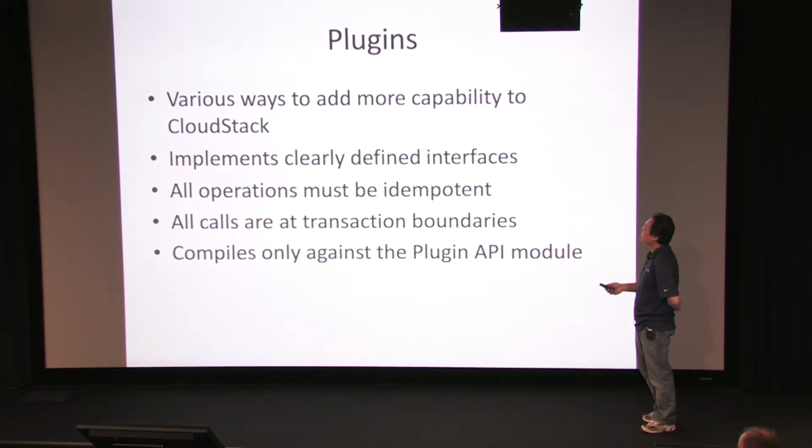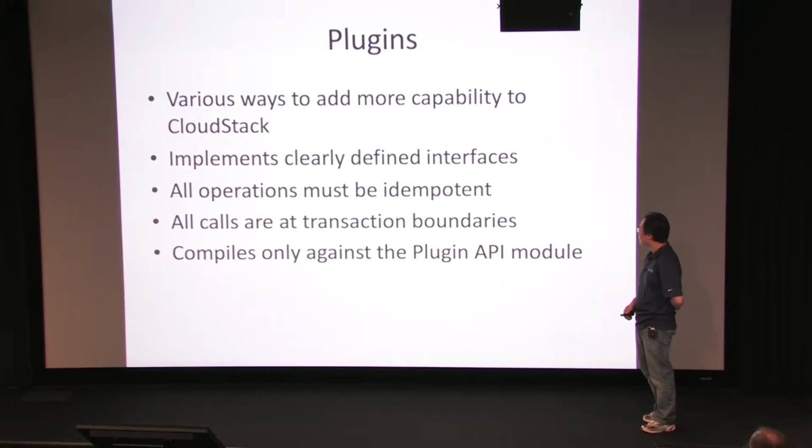For plugins, like I said, there are various ways to add capability to CloudStack. Each has its own interface, and all operations must be idempotent. Once we call the plugin, at that end we check to make sure that there are no database transactions that you can revert. So from there on, it is up to you to make sure that every piece of information we send to you is persisted, that you can repeat them, and things like that.